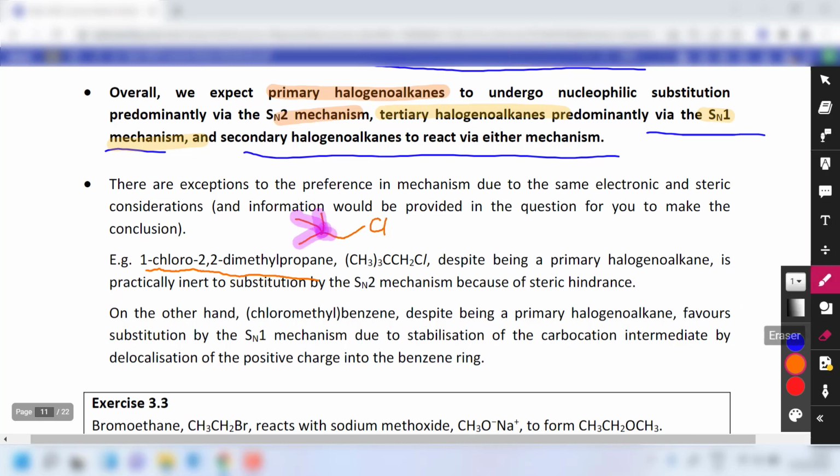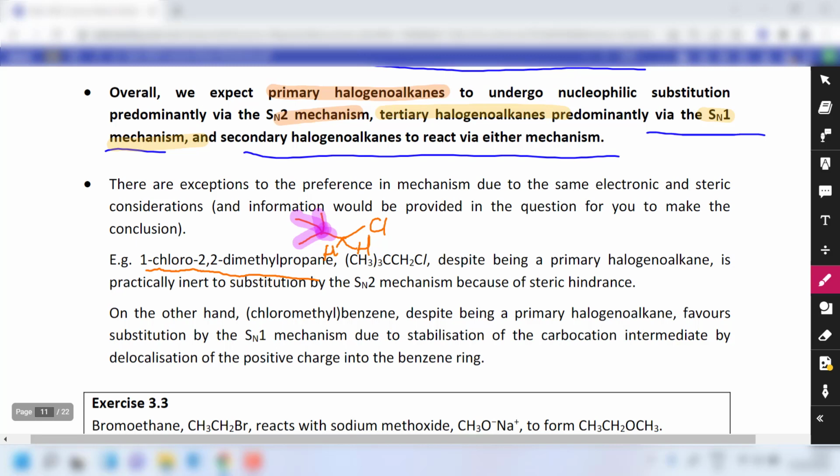Although there are two H's here, and it's considered primary, the sheer steric hindrance provided by this large group will deter the nucleophile from approaching from the rear. So it's difficult for SN2 to occur. It's not impossible, but it's going to require a very high activation barrier.